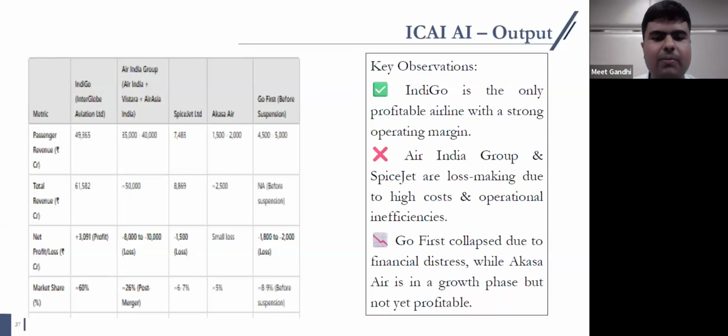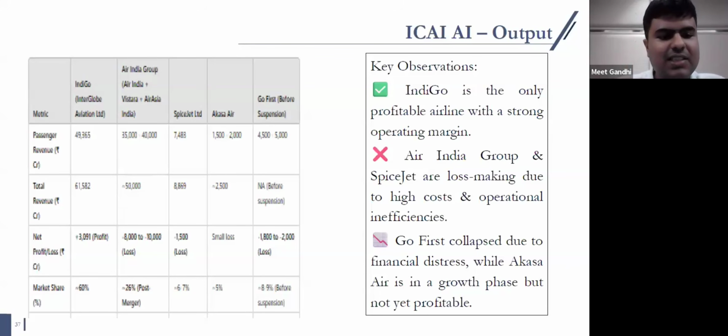So it wouldn't be right to compare it with IndiGo and Air India, which are quite old players. While comparing annual reports, you cannot compare a new industry player with a quite old and experienced player in the industry.